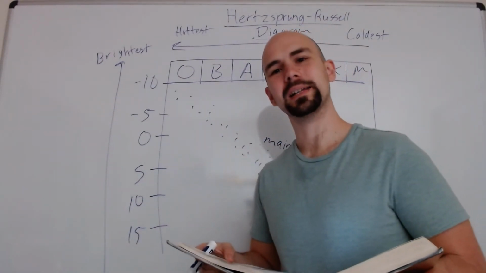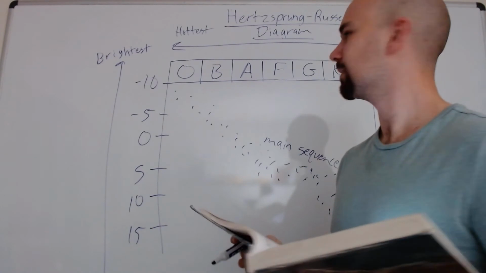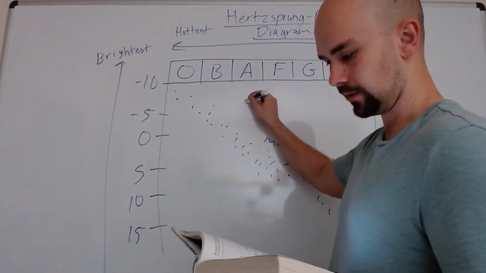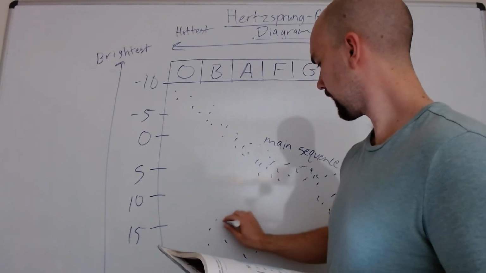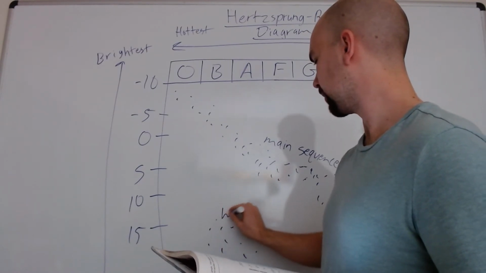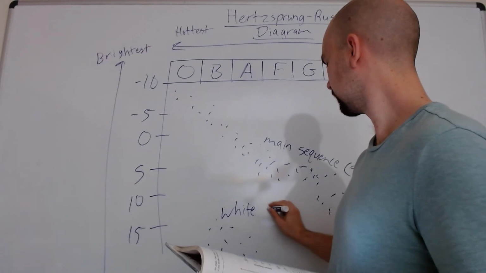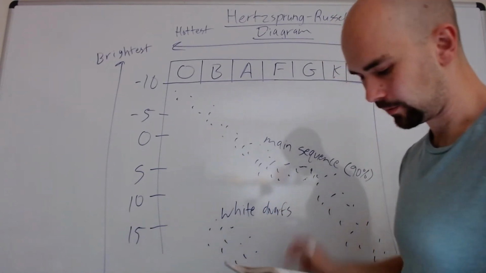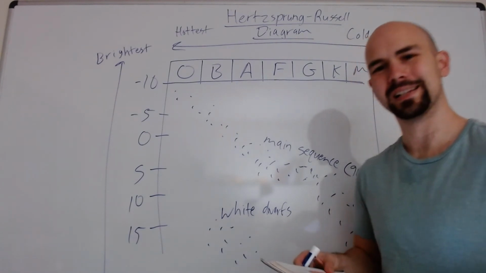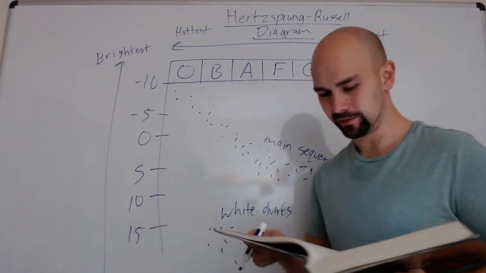Then there are little pockets of stars that are different from that. Like there's a cluster way down here of white dwarf stars. I don't know why it's dwarfs and not dwarves. That seems weird, but whatever.